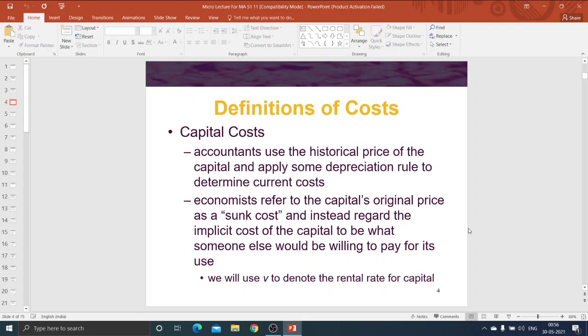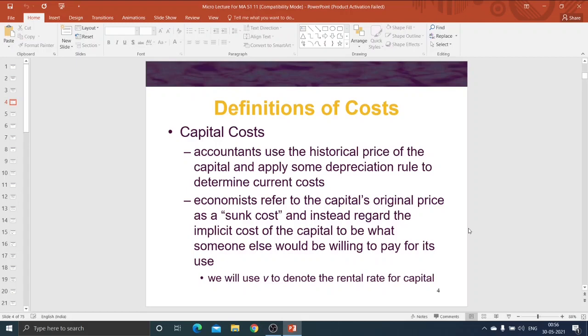So for us, it is not an explicit cost, it's an implicit cost, and the original price is always called a sunk cost. Sunk cost is an initial payment which you have made in an irrecoverable fashion. What that means is very simple: once you make a payment, it's gone forever.